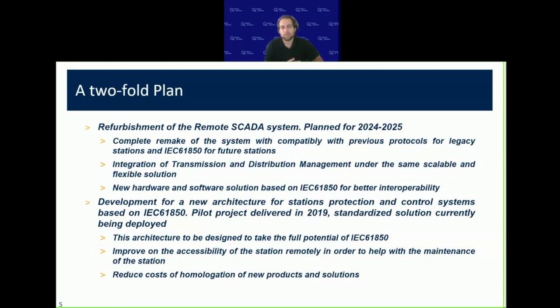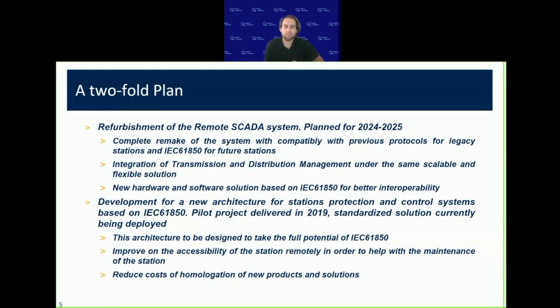With this, it's time for innovation, and it was decided to go with a new system based on new hardware and software, something that would be more easily upgradable through time, and be able to better do interoperability between the transmission management, the distribution management, and all the other systems that are cohabitating with those two main systems.